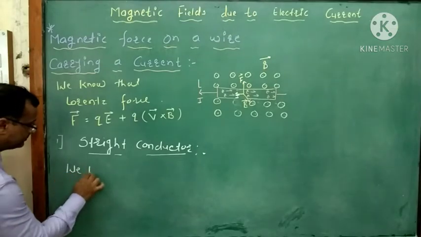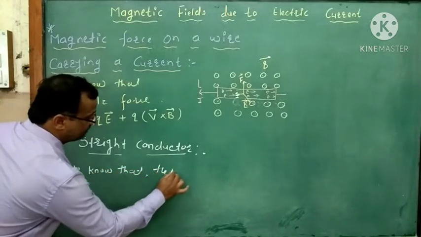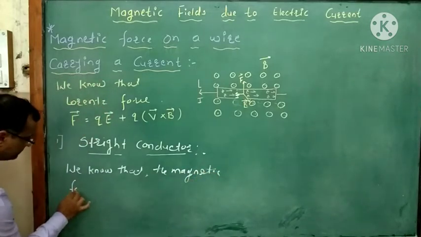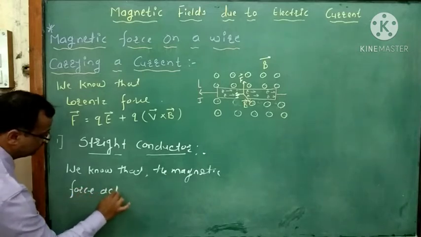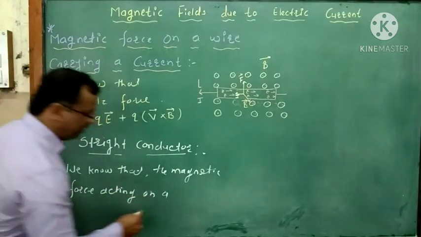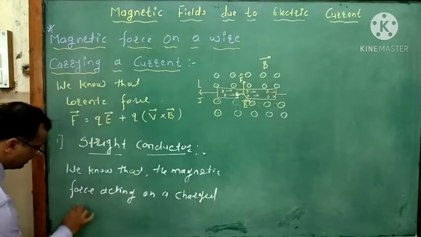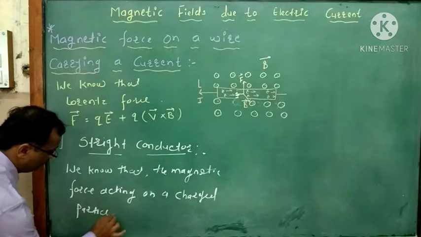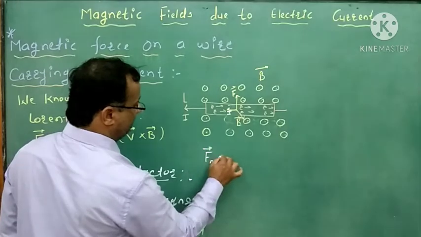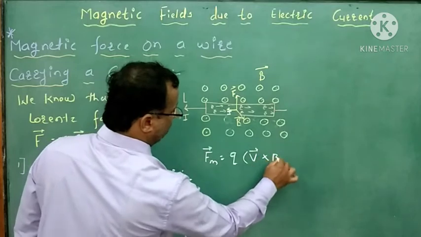We know that the magnetic force acting on a conductor or charged particle, acting on a charged particle, what is the equation? The equation is Fm, which is equal to Q into V cross B.